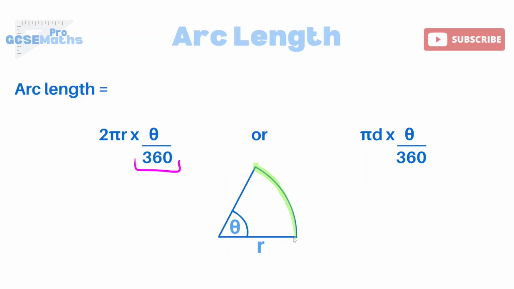The reason for this is that it's like what portion of the whole circle, if you imagine this sector is originally part of a whole circle, are we actually using? A whole circle has 360 degrees at the centre, doesn't it? So we're just saying, maybe it's like 25 degrees out of 360. So just work out the whole circle circumference first and then times it by what fraction of the circle we've actually got that we want to work with.